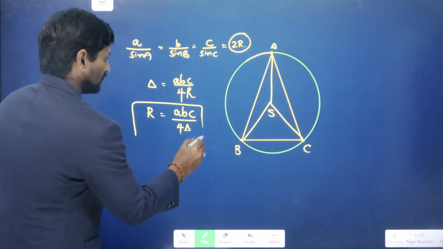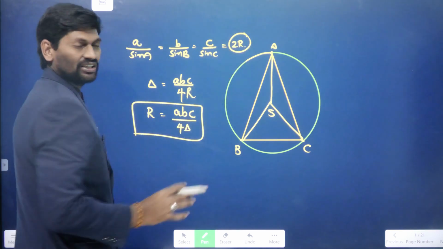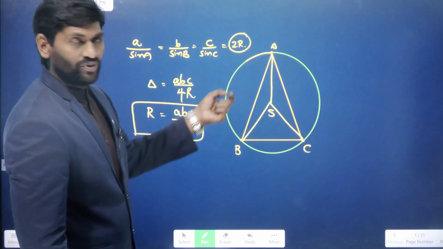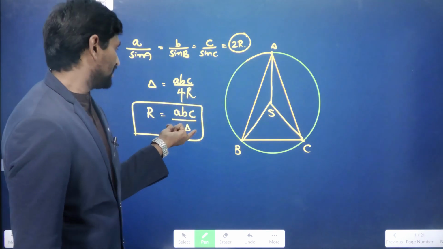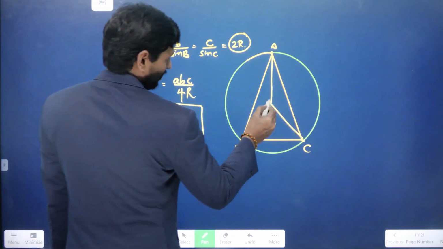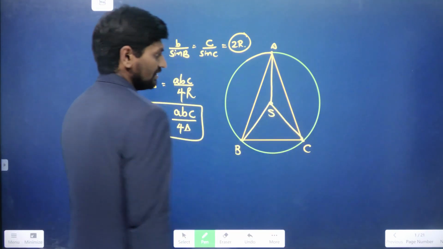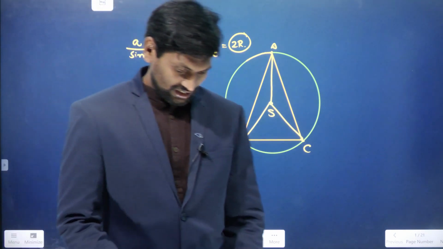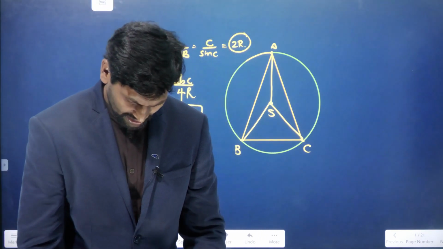Okay? So that means in the place of R we can substitute this formula abc by 4 delta. Okay? Now here S is the circumference, right?